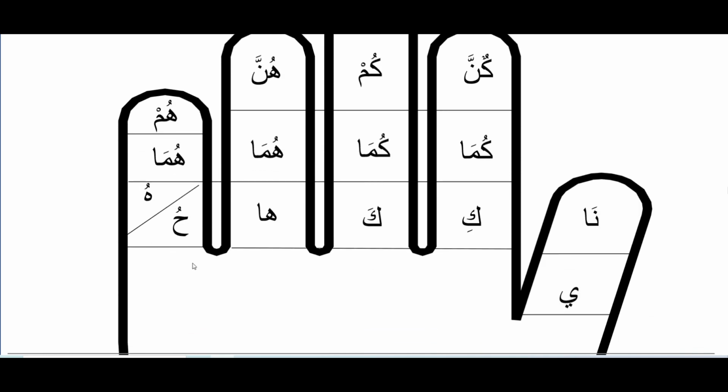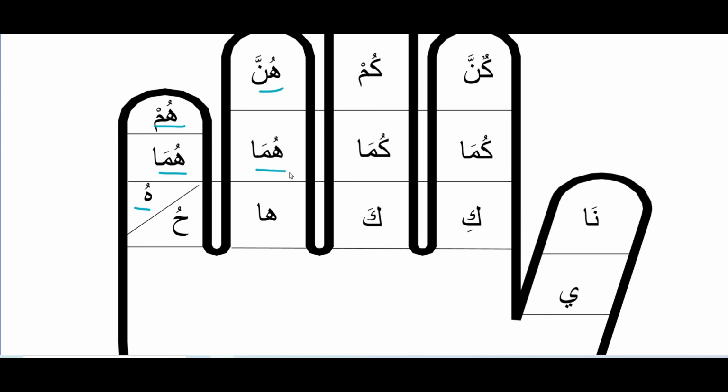We go back to the origin of dhamir muttasil. Here we have huma, hunna, hu, huma, hum. Ignore the rest and just focus on 10, 11, 12, 13, 14.